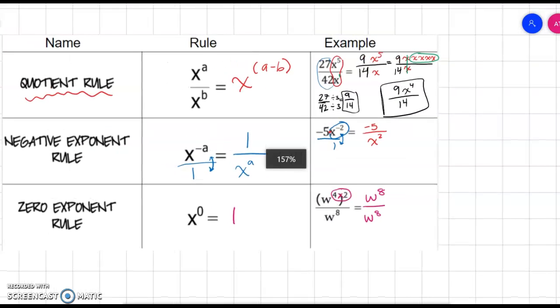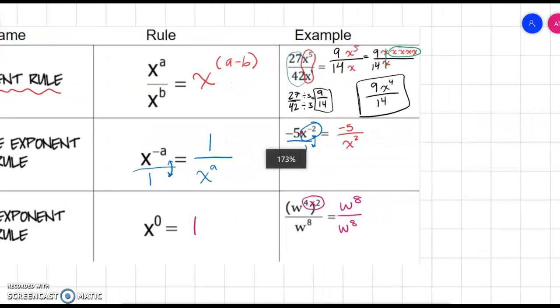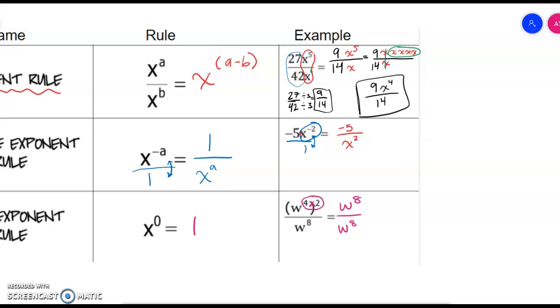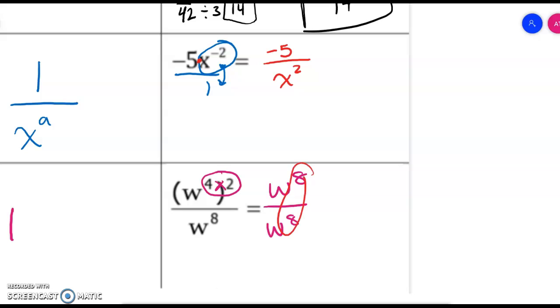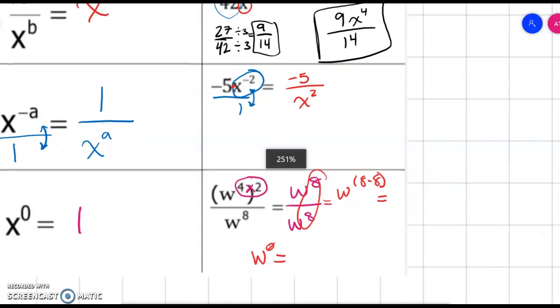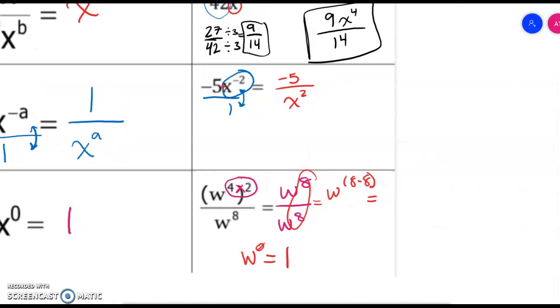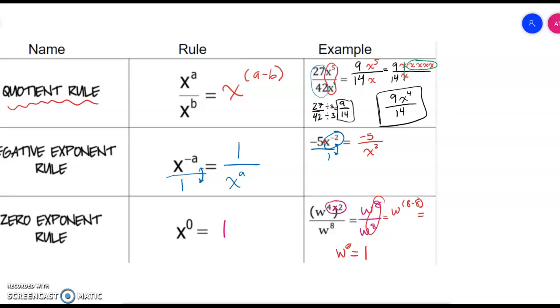Now I can use my quotient rule, which states to subtract the bottom exponent from the top exponent. So what I am essentially doing here is taking 8 minus 8, which is going to give me w to the power of 0, which we just learned is always going to be equal to 1. So now let's look at our next part of our problems.